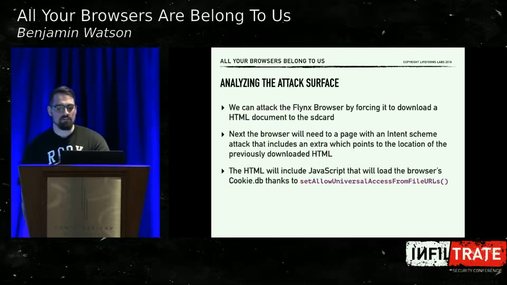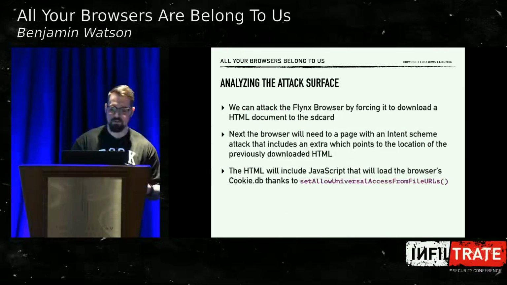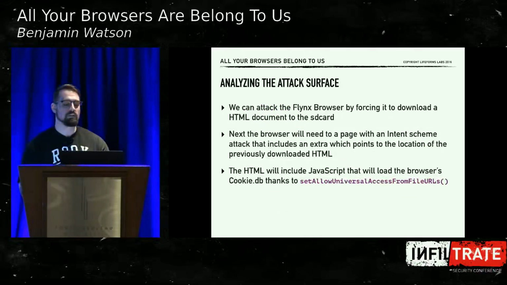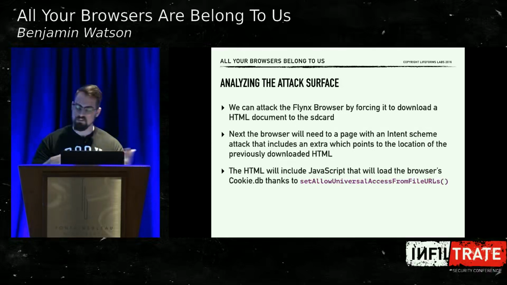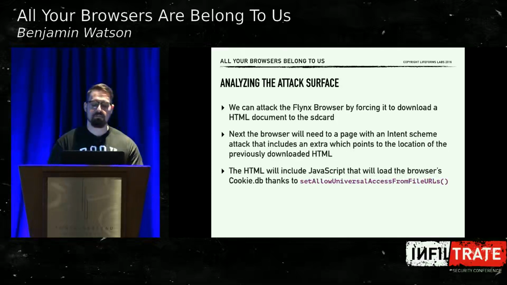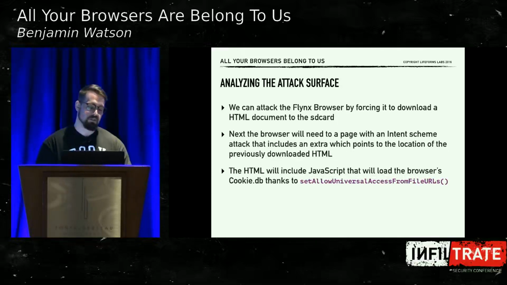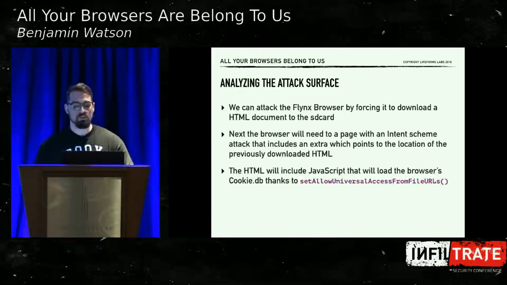So attacking the Flinks browser requires a couple of things in order for us to set all this up. We want to force it to download an HTML document to the SD card. Most of the time when browsers download stuff, they just write it to the SD card. So we need to do a little drive-by download attack to prep the SD card with our HTML payload. The next piece is we get the browser to load up another page with the intent scheme.